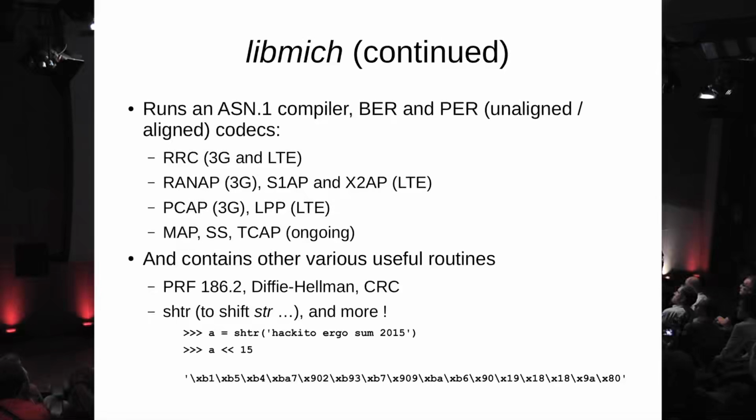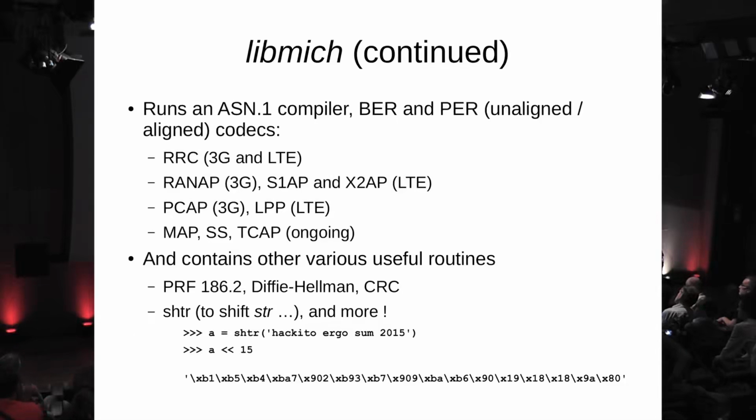Implementing those protocols was not enough to really interoperate and interwork with telecommunication networks. Within those networks, you have plenty of protocols which are specified with ASN.1 syntax. So I actually implemented a teeny ASN.1 compiler within the library, and BER and PER codecs.